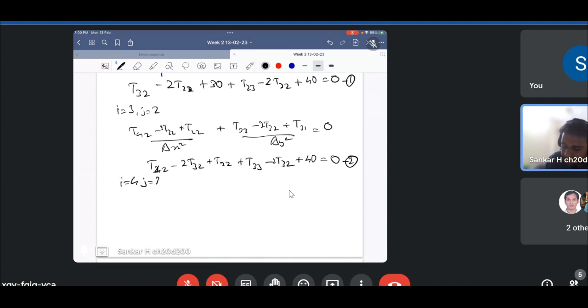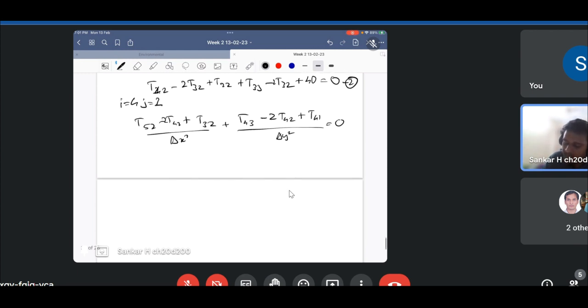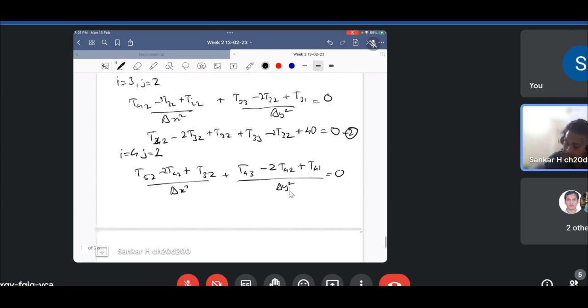i equal to 4, j equal to 2: T52 minus 2T42 plus T32 by delta x square plus T43 minus 2T42 plus T41 by delta y square should be equal to 0. This was not clear.